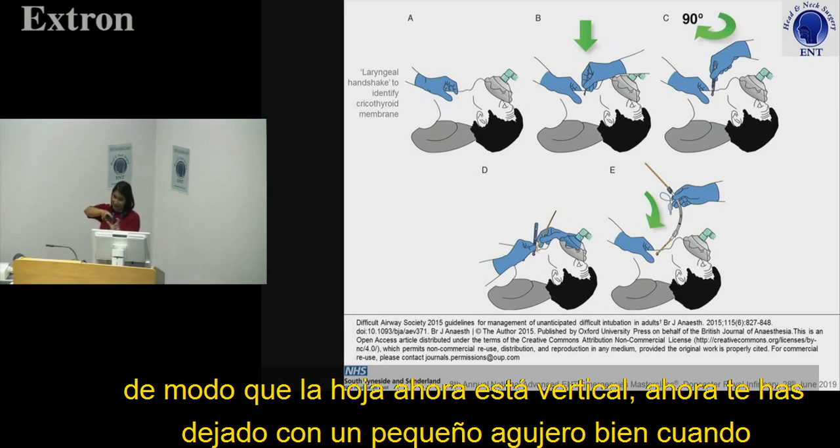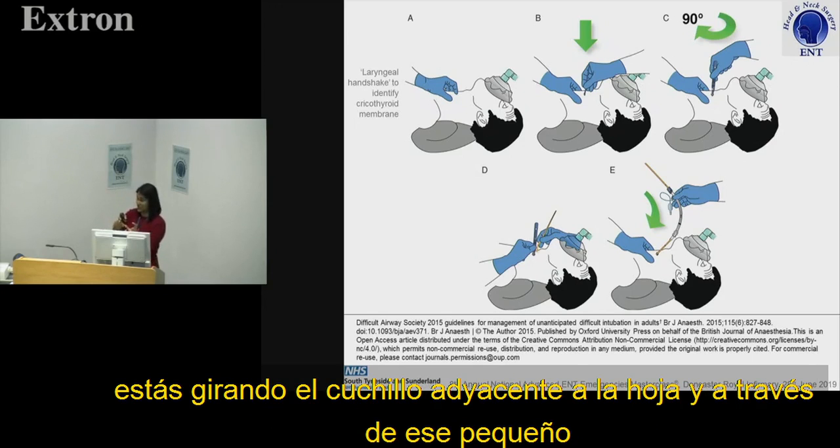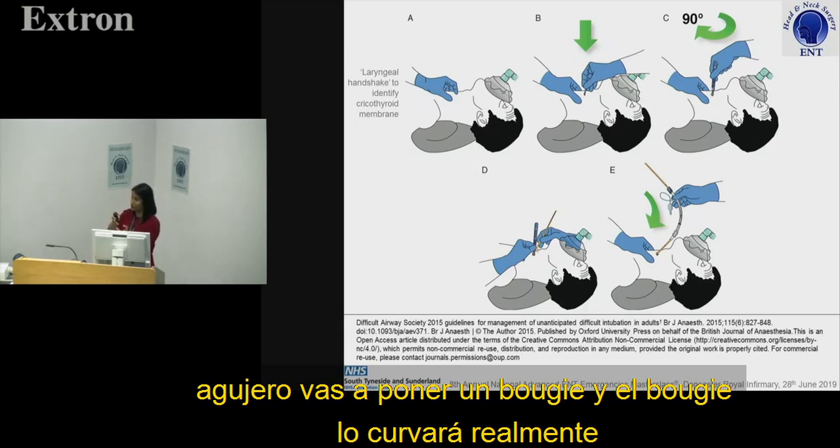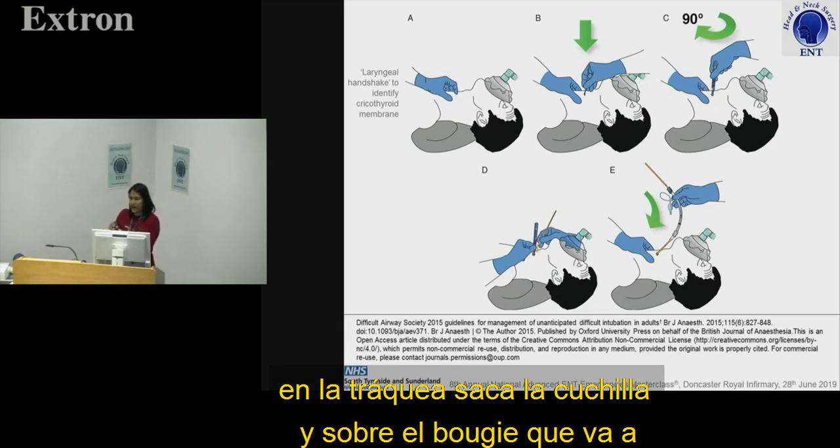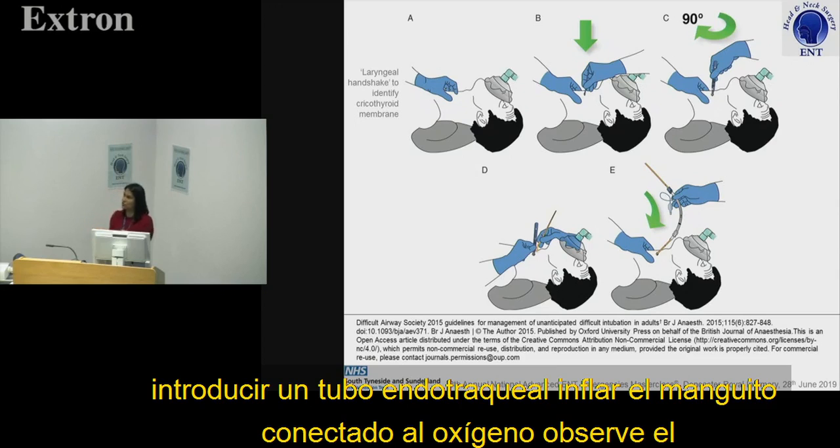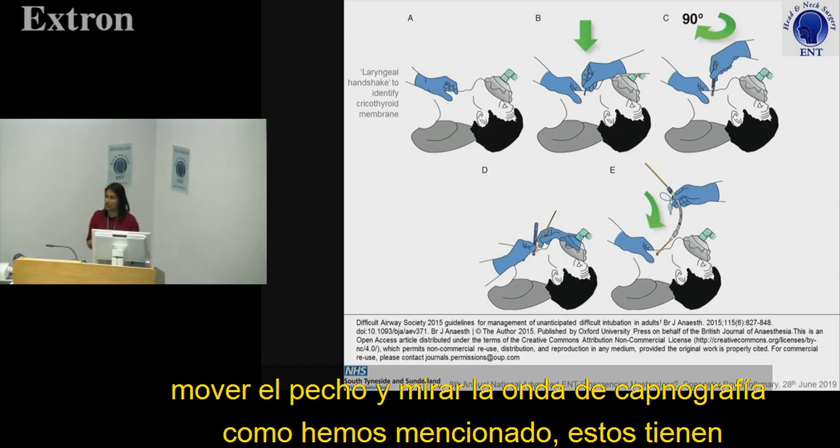You're now left with a little hole, and through that little hole, you're going to put a bougie down, and the bougie will curve inferiorly into the trachea. You take the blade out, and over the bougie, you're going to introduce an ET tube, inflate the cuff, connect it up to the oxygen, watch the chest move, and look at the capnography wave.